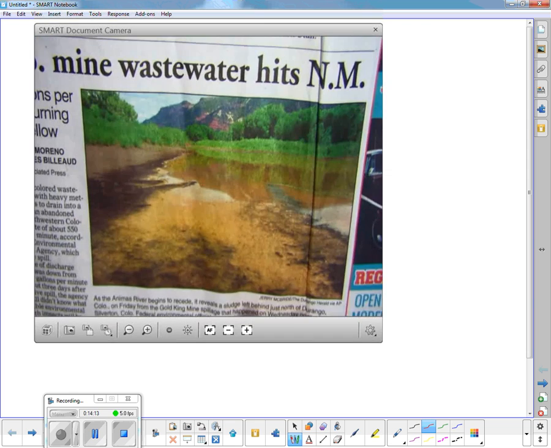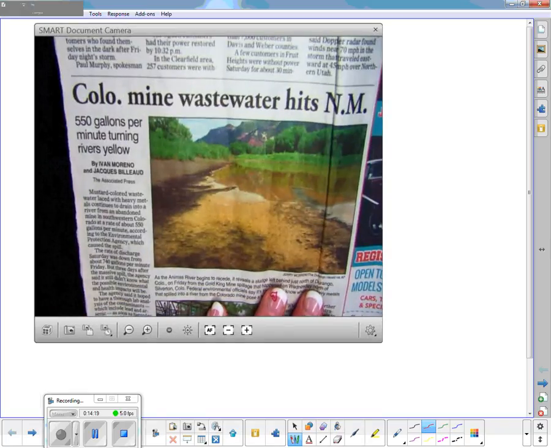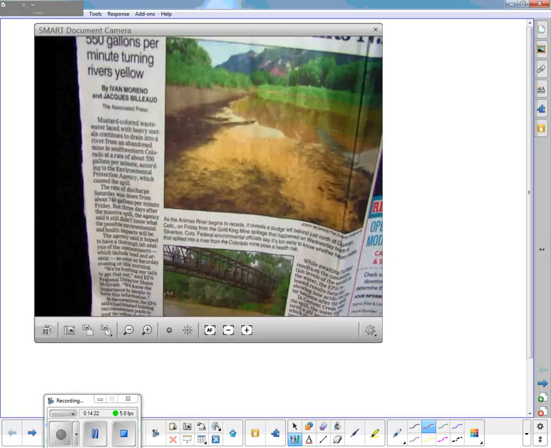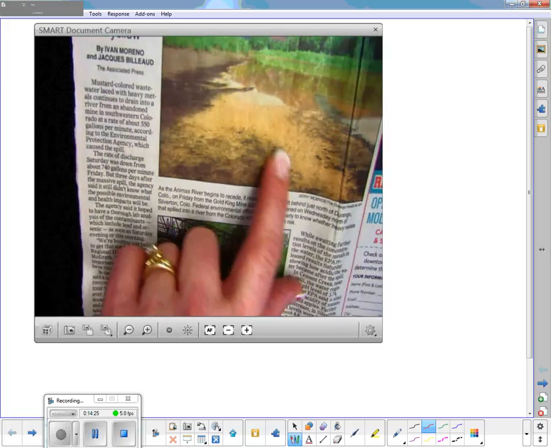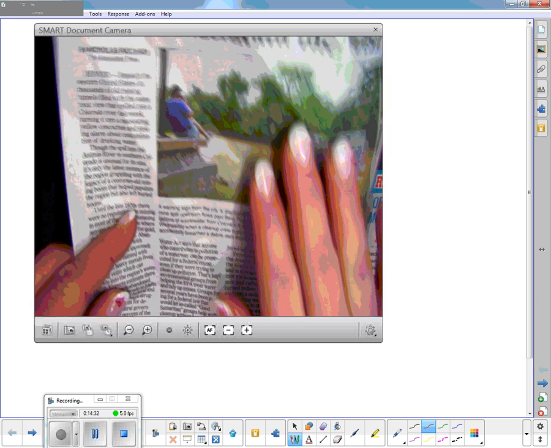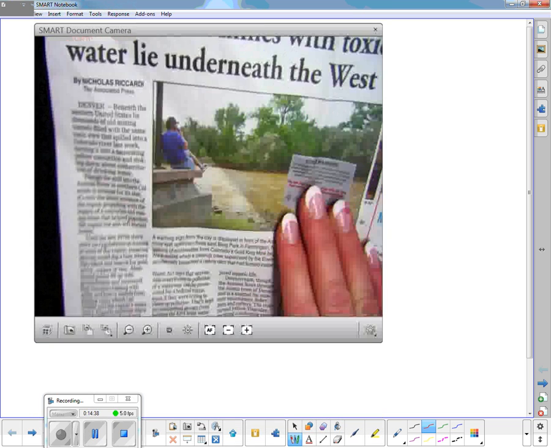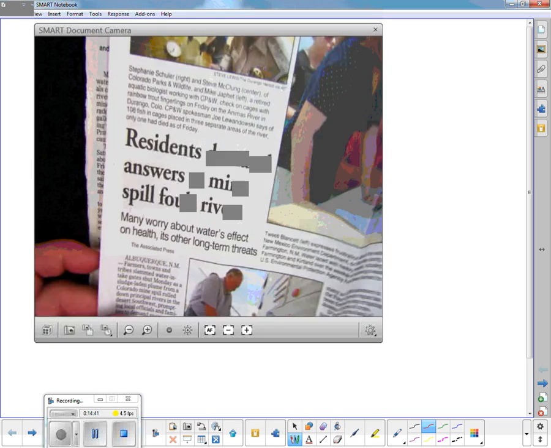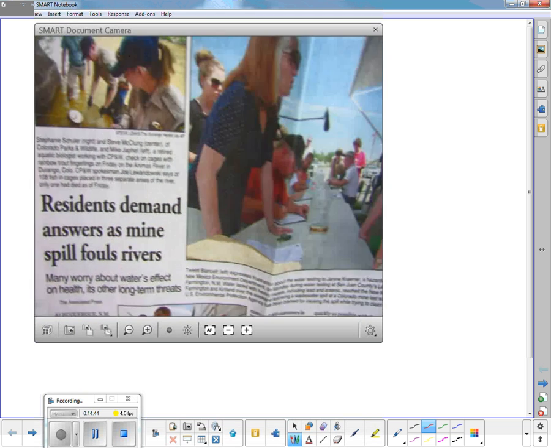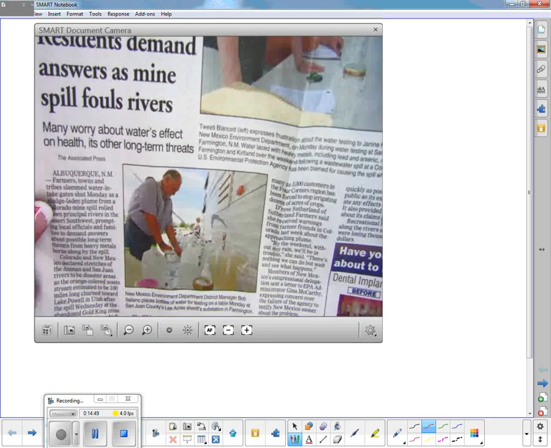Now, how about, did any of you see this in the paper during the summer? Let me see if I can zoom out a little bit. Colorado mine wastewater hits New Mexico. And they were showing the sediment coming out, and then it was coming down into Lake Powell, and people are demanding to know what's going on and why does the river smell bad and is it toxic to us?